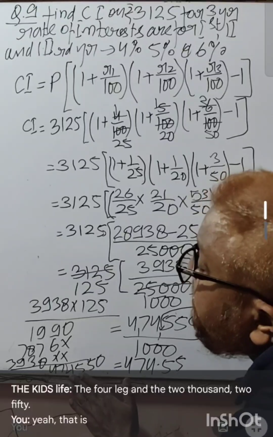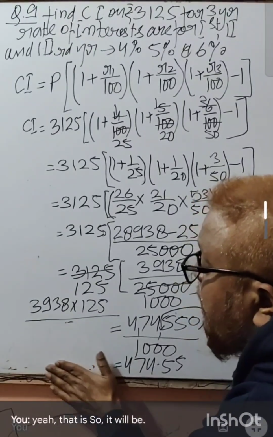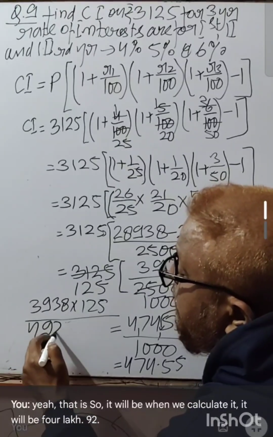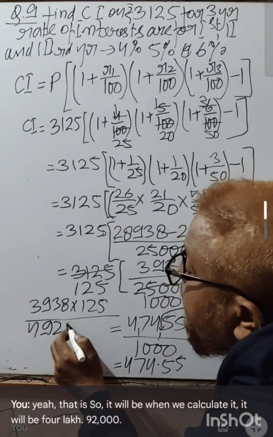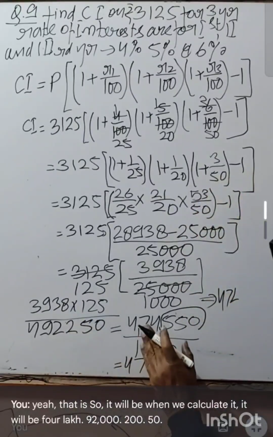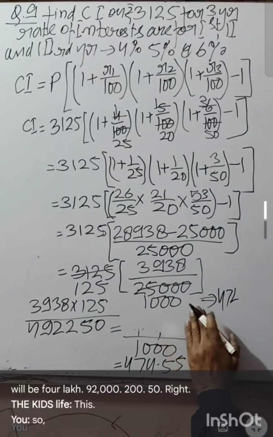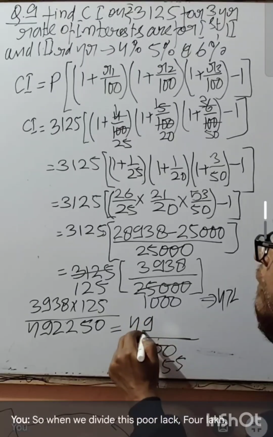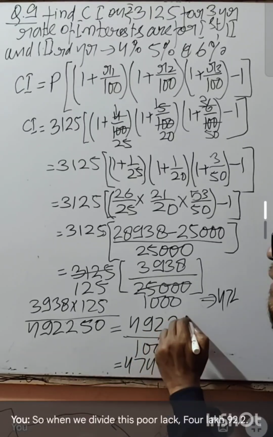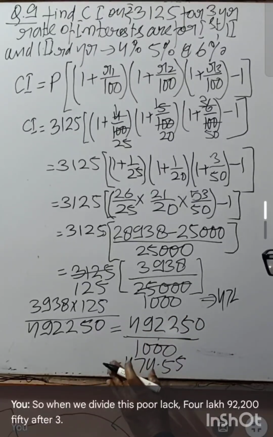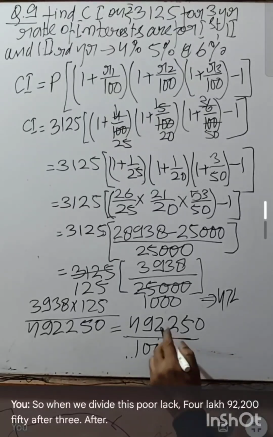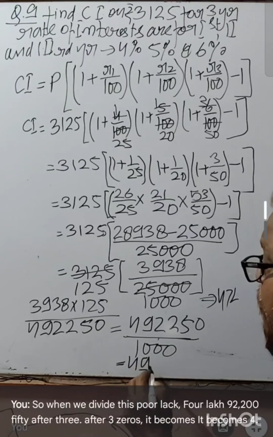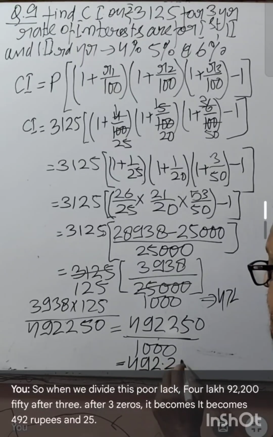So when we calculate it, it will be 4,92,250, right? When we divide this by 1,000, removing three zeros, it becomes 492 rupees and 25 paise.